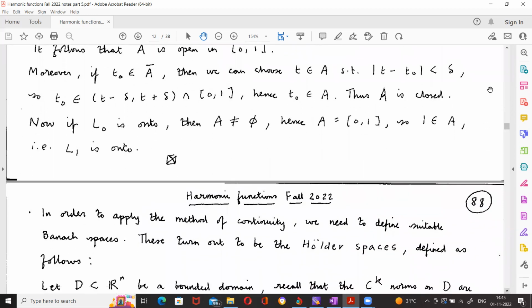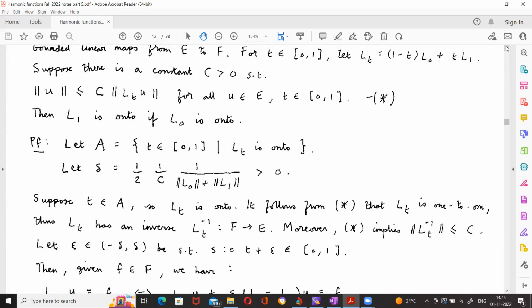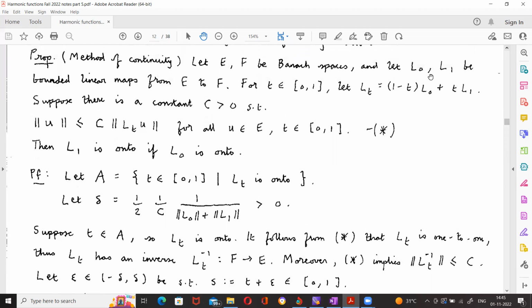So this is our idea. We are going to apply this proposition where L naught is going to be the Euclidean Laplacian and L1 is going to be our given elliptic operator L. That's the idea. Okay. So the important point is to define the correct Banach spaces where the Laplacian is going to become a bounded operator, right? So your normal spaces may not work.